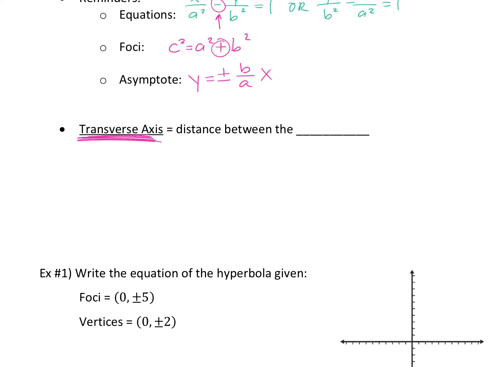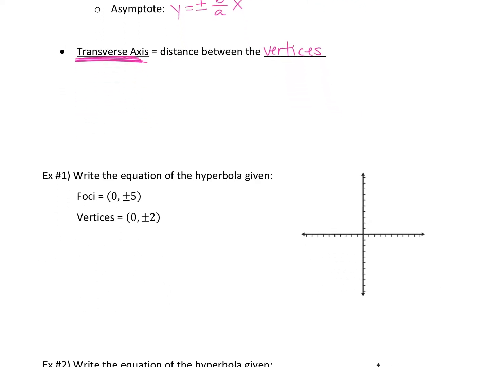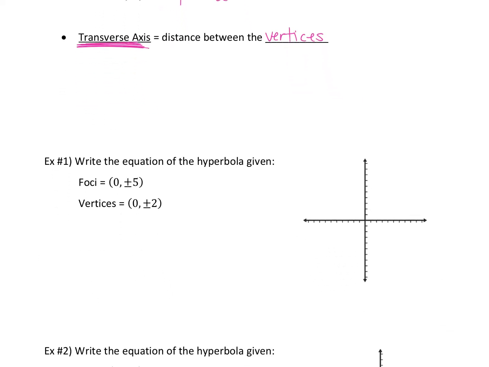What it is, it's the distance between your vertices. Okay, the distance between the vertices. So we're going to do a few problems. One of them involves the transverse axis, which is why I give you that term right now. You don't have to graph these unless they say sketch a graph, then graph it.